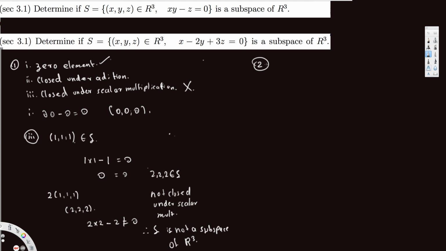So let's do the other one. Second question. I have to check the same things: the zero element, closed under addition, and closed under scalar multiplication.